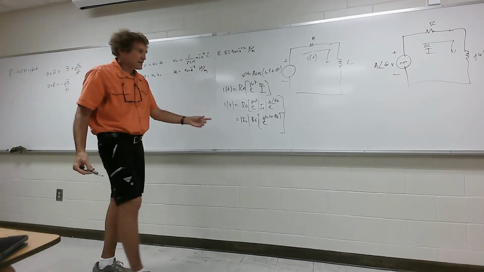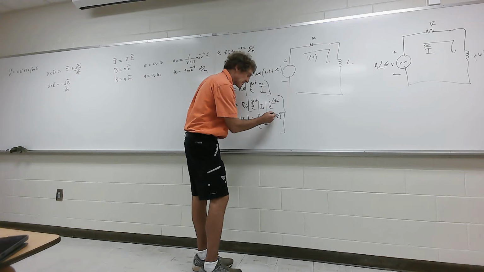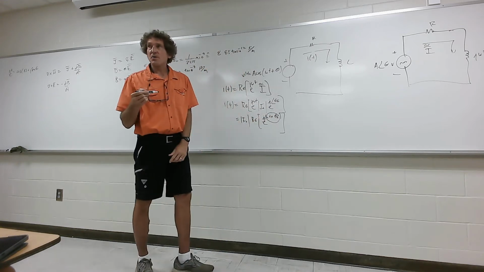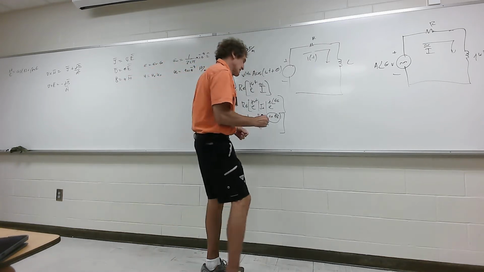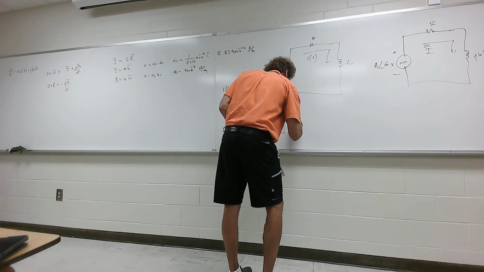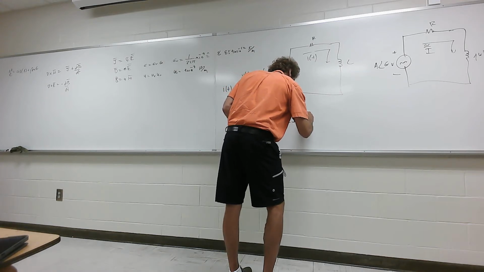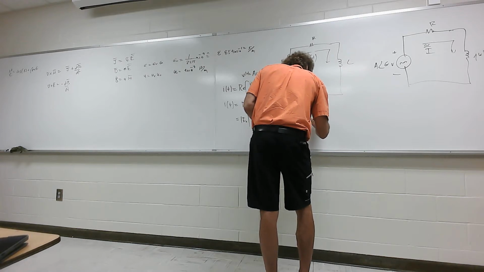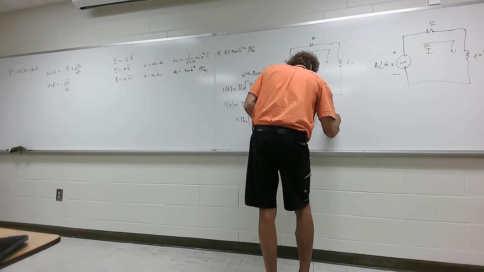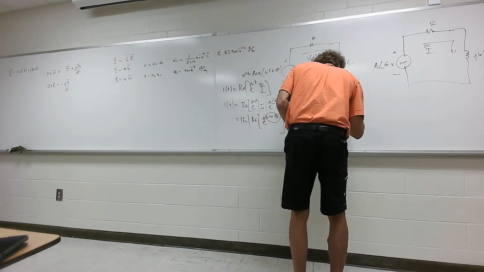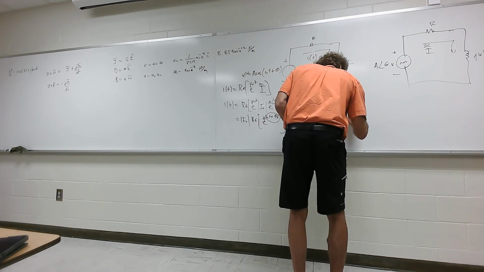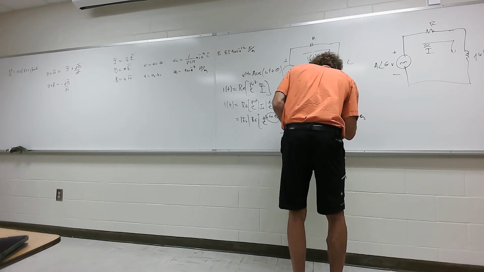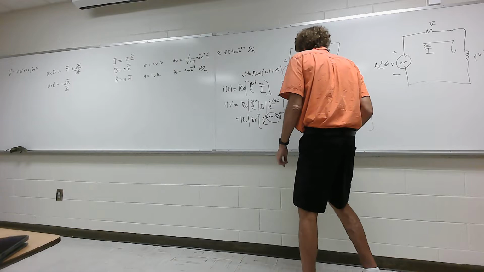Here, I have E to the J omega t plus theta I. So I could expand that, and I could say this is actually I naught times the real part of cosine of omega t plus theta I, plus J sine of omega t plus theta I.